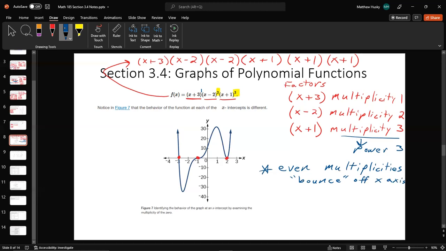If you think of this like a ball, you throw a ball and it goes boom, and it bounces off the x-axis. You toss it and it goes boom, and then it bounces back up and goes back where it came from. Again, bounce is not the technical term, but I think it's kind of a nice visual.